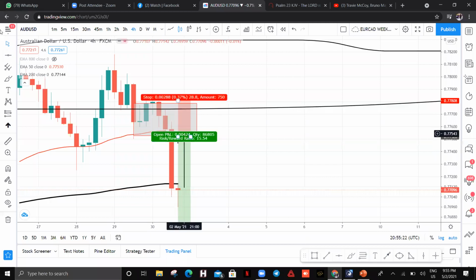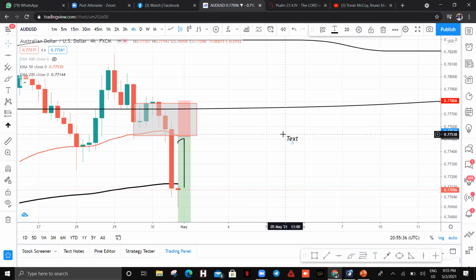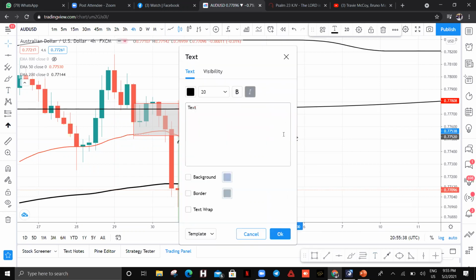That is around, let me use a cross. 0.77520. So let me write it down. Sell limit 0.77520.